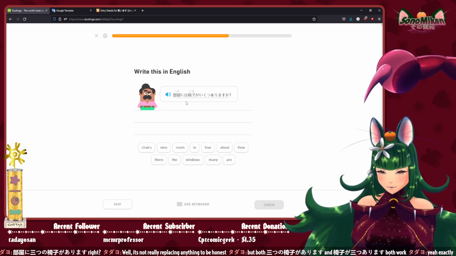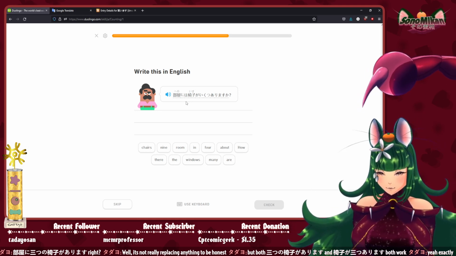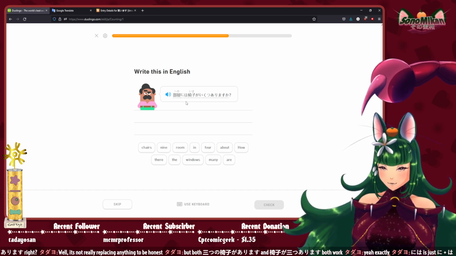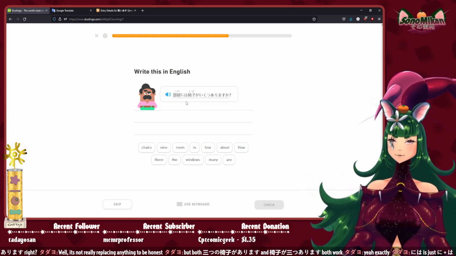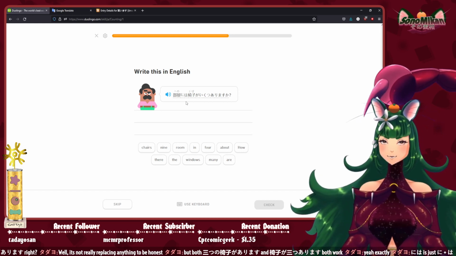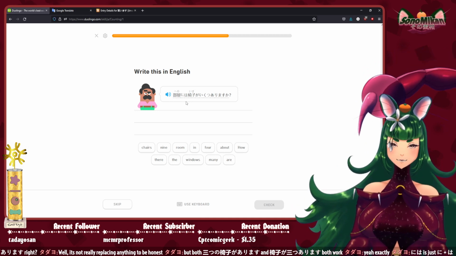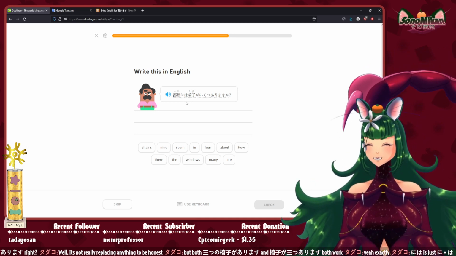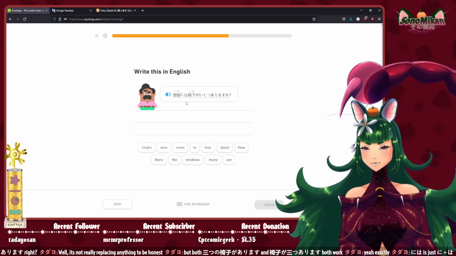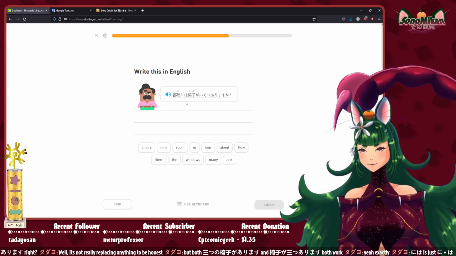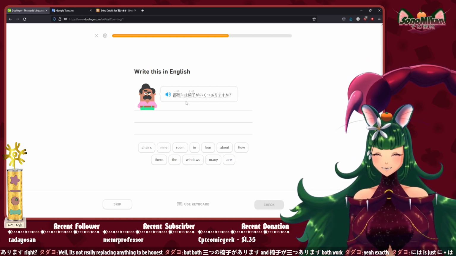Okay, so it's just ni plus wa because we're talking about in the room. So we're indicating both that we're talking about this room and what is in it.